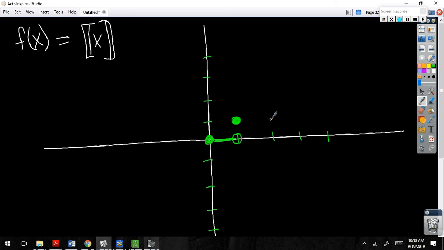This one goes on forever. It's really just little pieces of horizontal lines that are restricted.